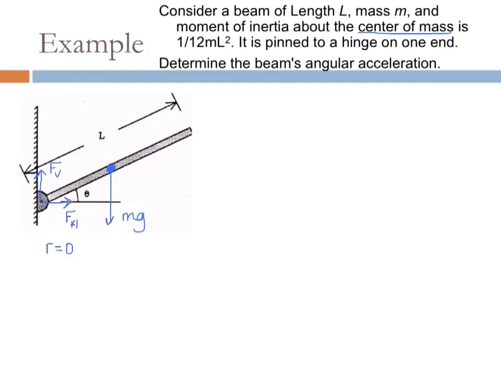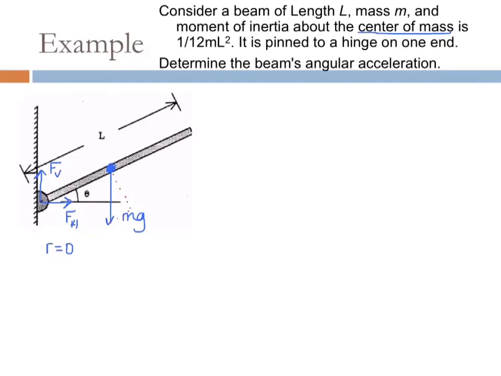So the first thing we want to do is find out the component of mg that is perpendicular to r. If we look at this problem like an incline, we can see that mg can be broken down into components.